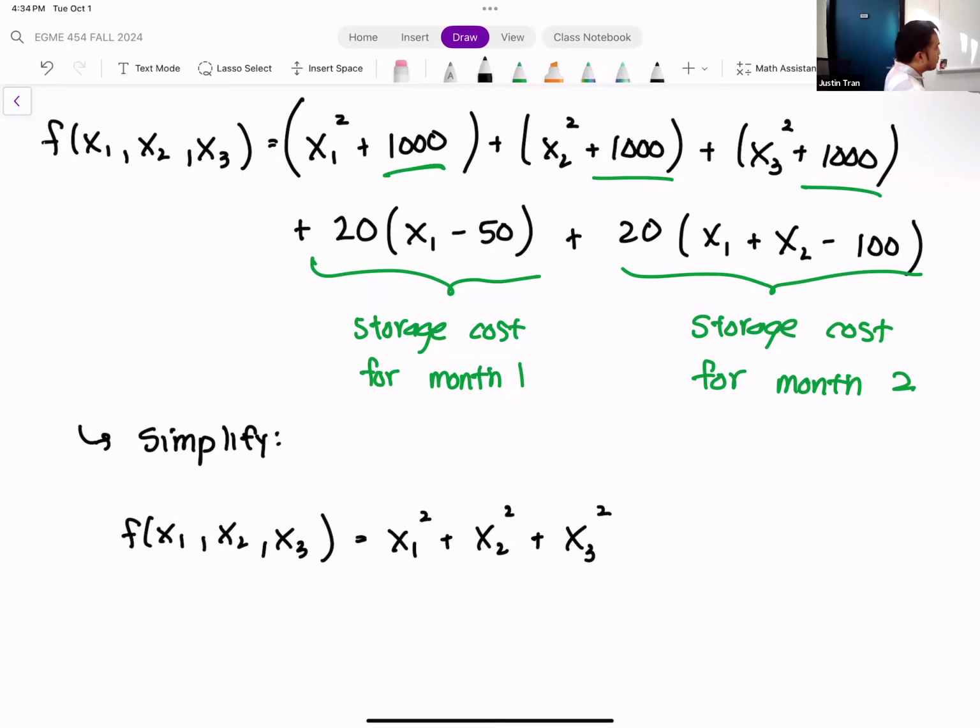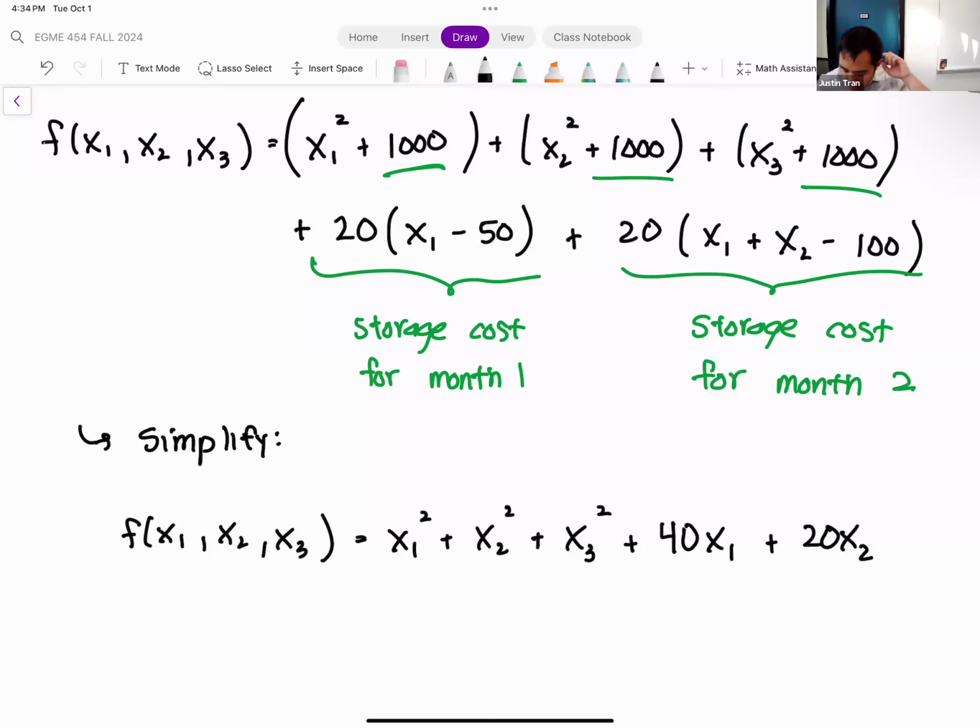There's no other squared terms in our equation, so all of those are going to be there. Okay, next we have the linear terms in x1 and x2 that come from the storage cost. So the 40x1 and a 20x2. Both of those terms come from the storage cost.